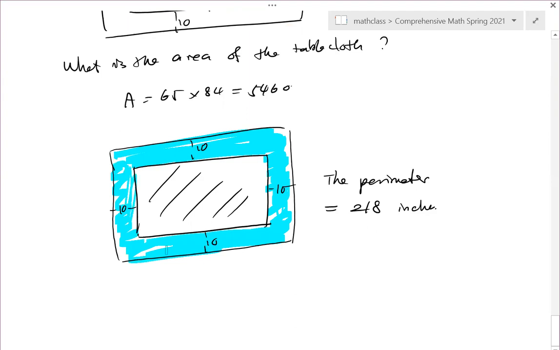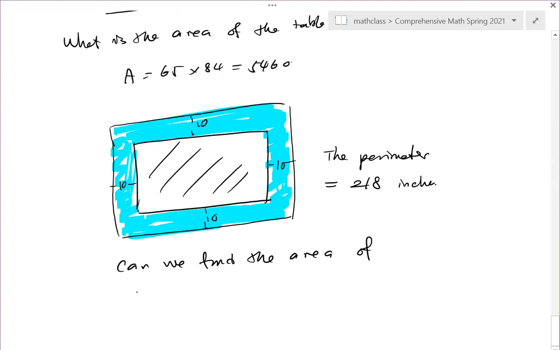So my question is, can we find the area of the tablecloth not on the table? And what is that?